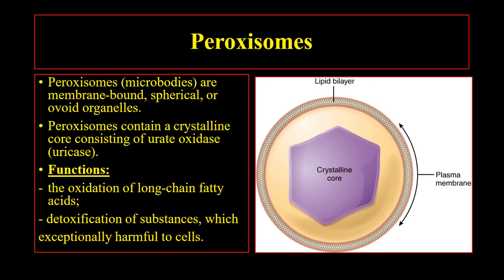Peroxisomes are similar to lysosomes, but unlike them, they do not contain acid hydrolase but oxidase. Oxidases are enzymes that break down substances by an oxidation reaction, that means reactions of compounds with oxygen. The main function: the oxidation of long-chain fatty acids, and detoxification of substances which are exceptionally harmful to the cell.